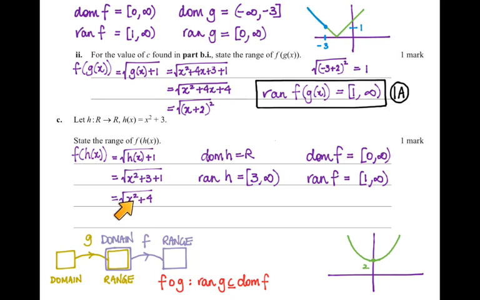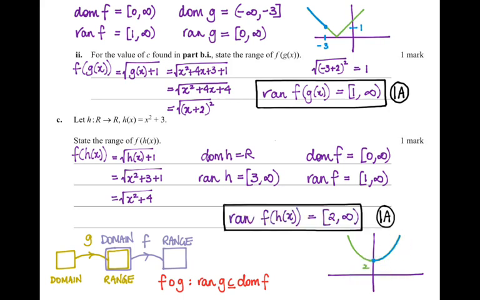If x is increasing, this function will increase, and if x is negative, the square of that negative just means we get a reflection of the same shape on the right as we do on the left. So this is the graph of square root of x squared plus 4, and with that graph we can see from the domain of 0 to infinity that our range is going to be from 2 to infinity.